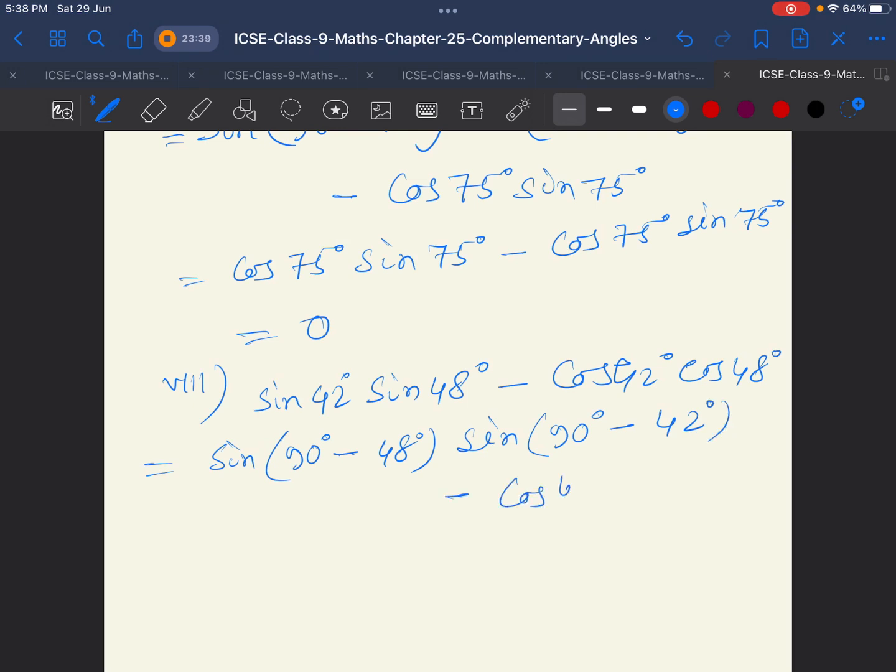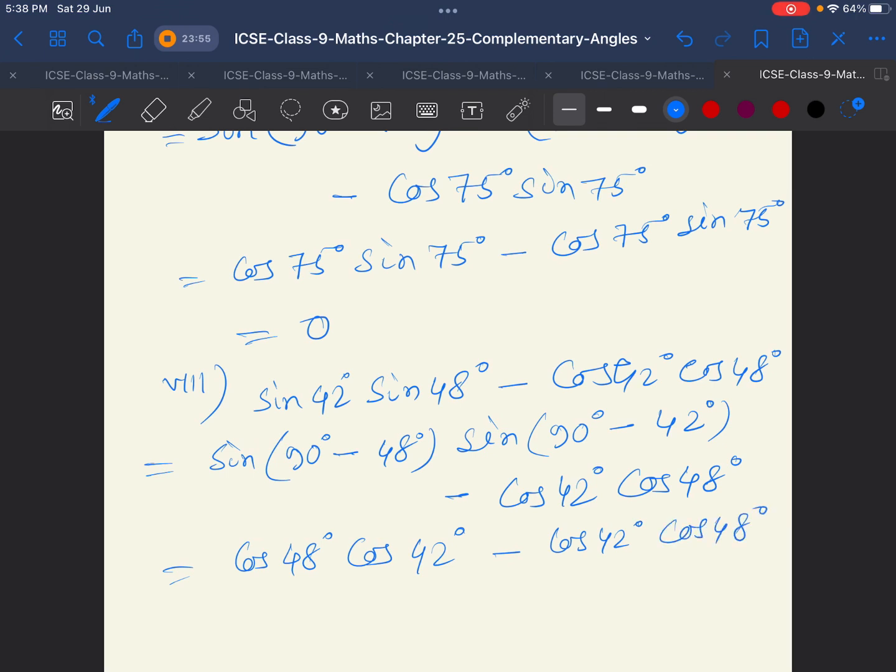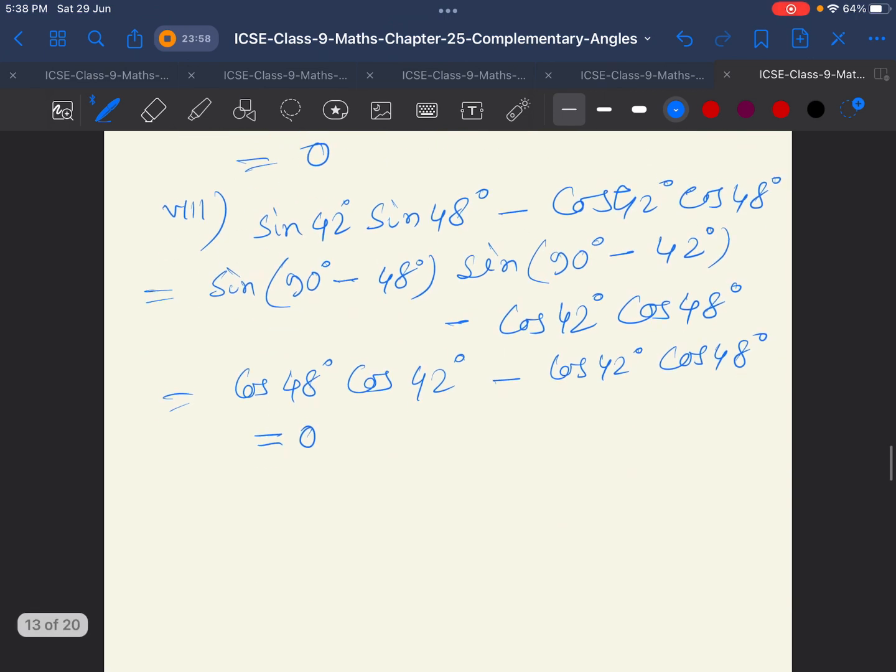Sin (90 minus 48) is cos 48 degree, so here cos 42 degree cos 48 degree minus cos 42 degree cos 48 degree, so this is 0.